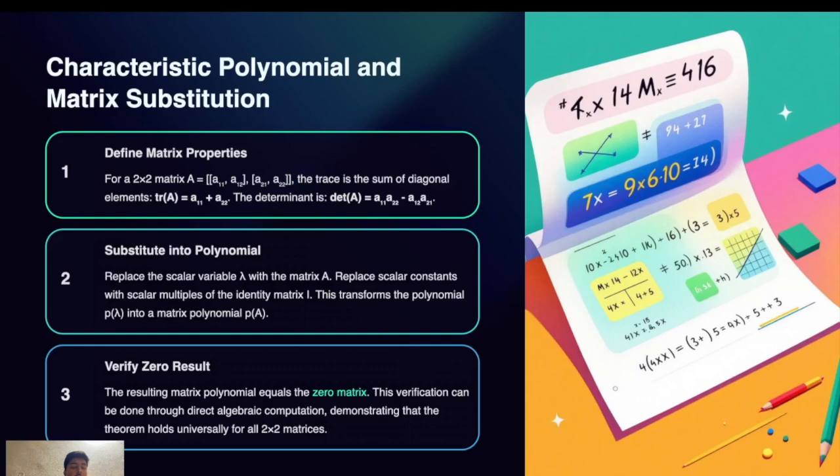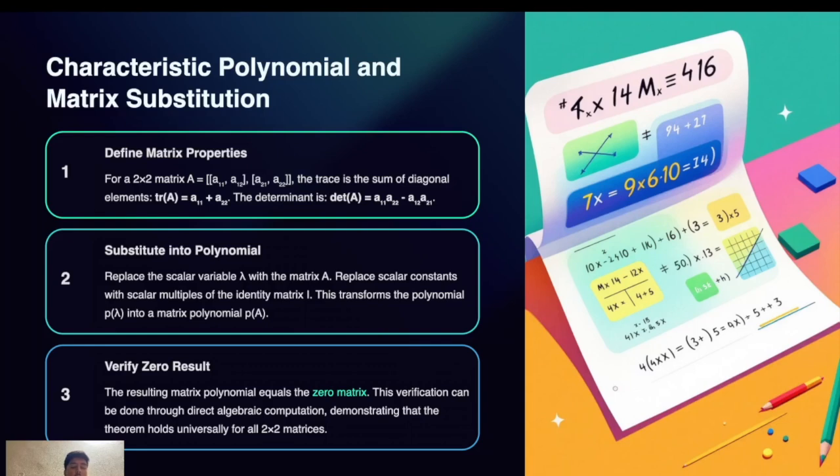Expanding the determinant of this matrix, we get (a minus lambda)(d minus lambda) minus bc equal to 0. Simplifying, we get the characteristic polynomial lambda squared minus (a plus d) lambda plus (ad minus bc). Here a plus d is the trace and ad minus bc is the determinant.